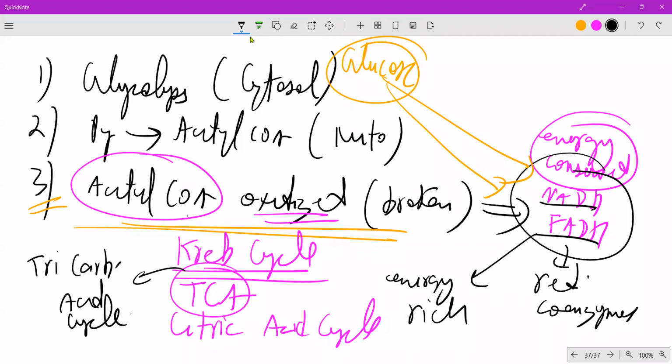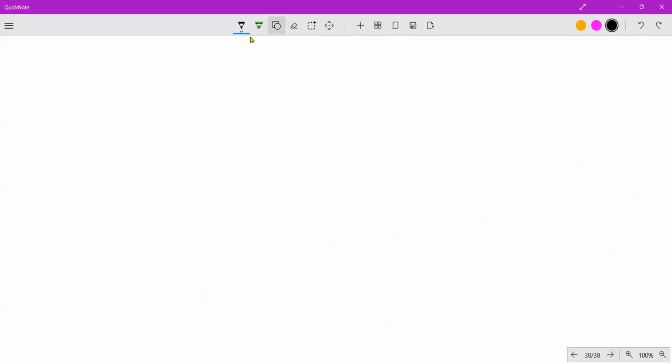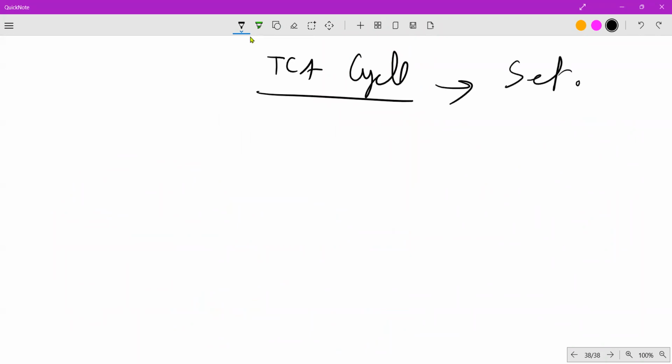कोई शक, कोई सवाल पूछो. ये देखो, TCA cycle basically is a set of 8 reactions, roughly a set of 8 reactions. TCA cycle. Location. कहाँ location है?